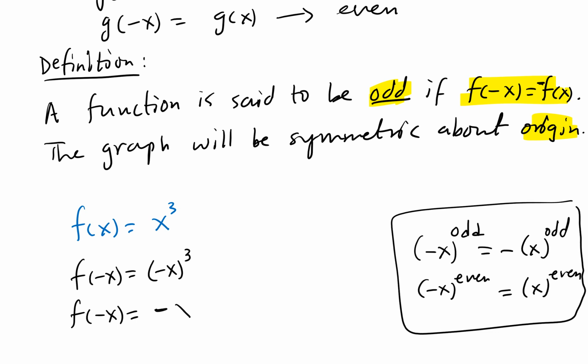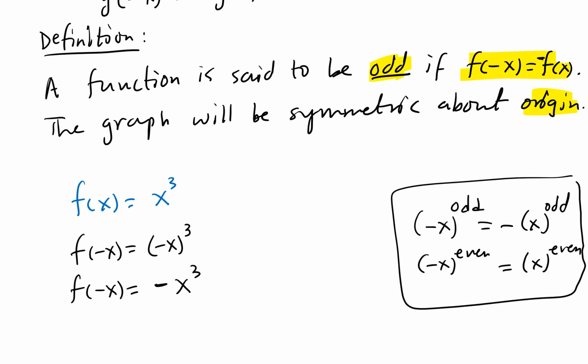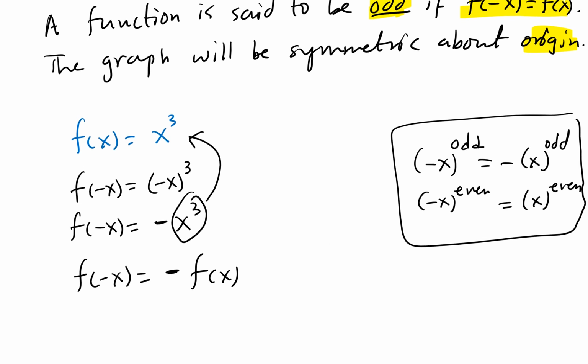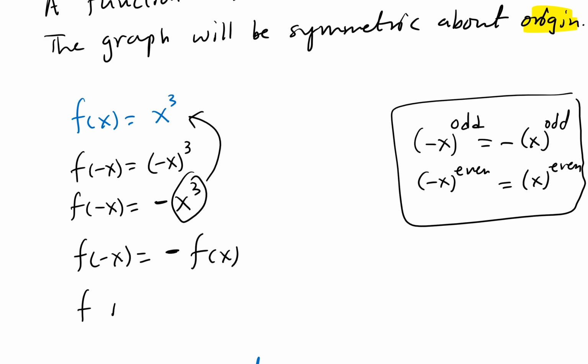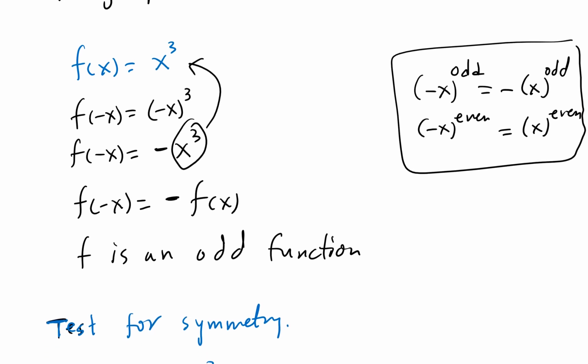So f of negative x is negative, the function itself, negative f of x. That tells us f is an odd function, and hence its graph is symmetric about the origin.